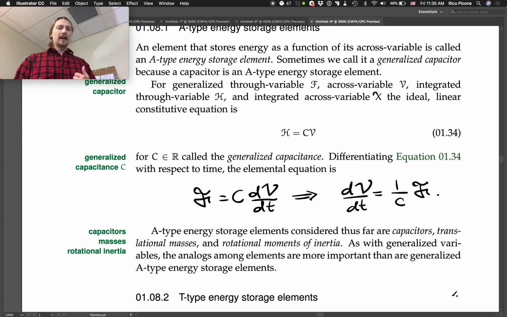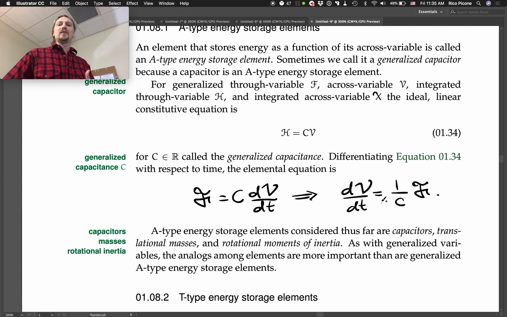So if you think about what the elemental equation looks like here, if you were to plug your variables for translational mechanical systems into this, v is just little v, right, the velocity.